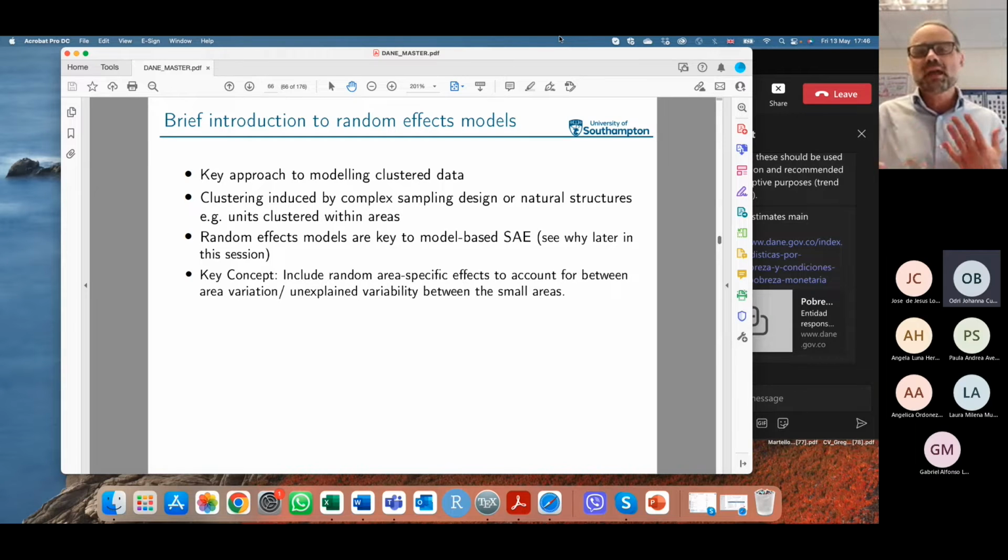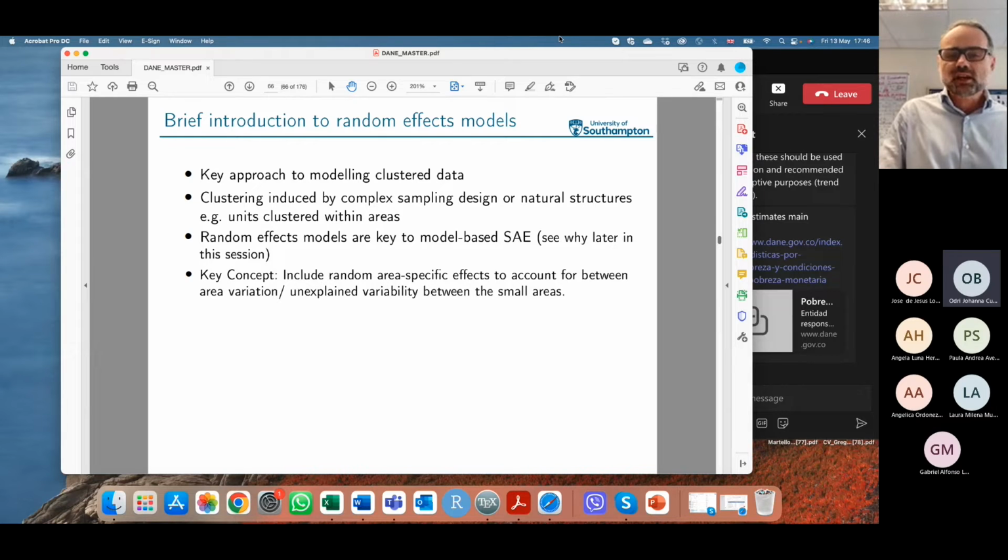There may be an expectation that households that belong to the same municipality are more similar than households that belong in different municipalities. So one way to model this kind of data is by using random effects models.